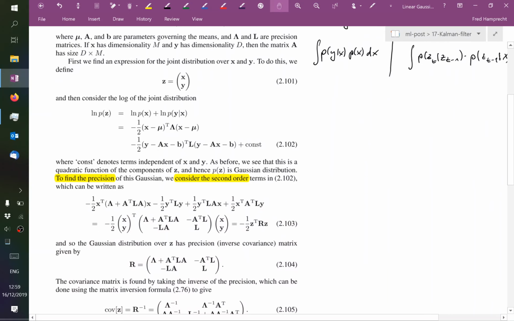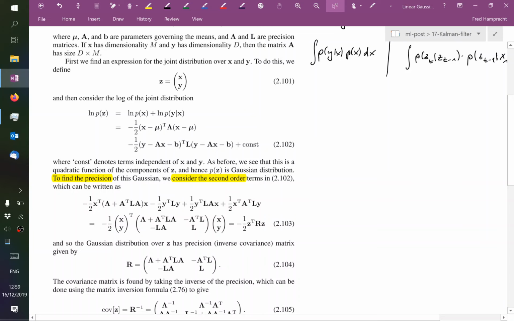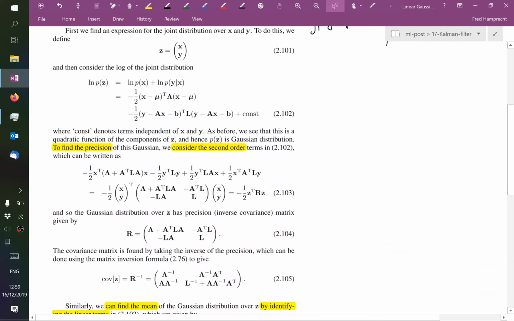First, we do the very same thing that we did at the beginning of today, namely comparing coefficients. So you first write down all the second order terms, and you define this joint distribution of x and y. You then find its precision matrix R, and by comparing all the second order terms, you find that this precision matrix is this.